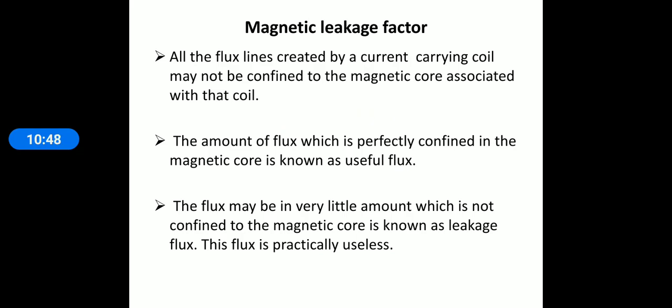All the flux lines created by a current carrying coil may not be confined to the magnetic core associated with that coil. The flux which is perfectly confined in the magnetic core is known as useful flux.